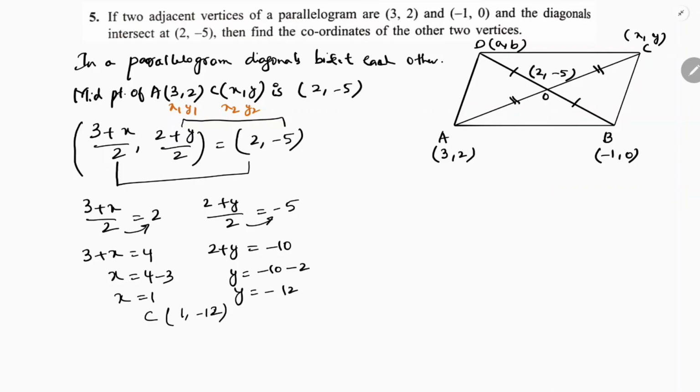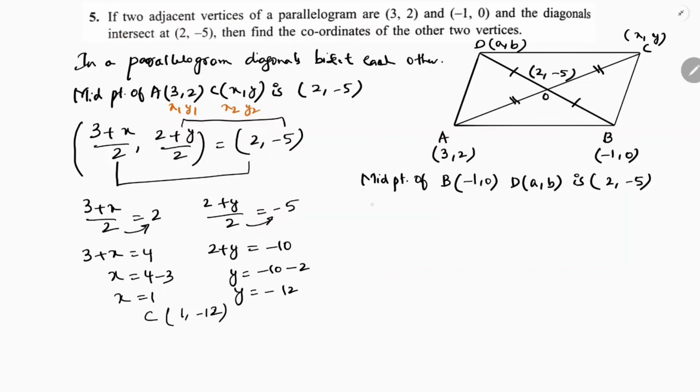Now the midpoint of BD, here I'll do it. The midpoint of BD is (2, -5).